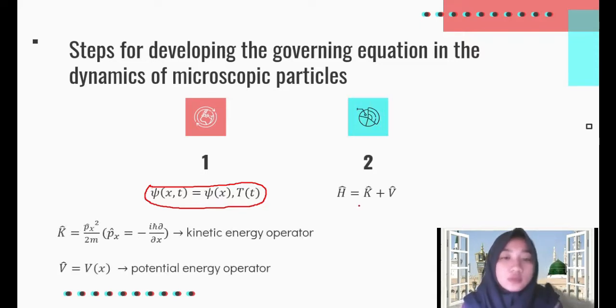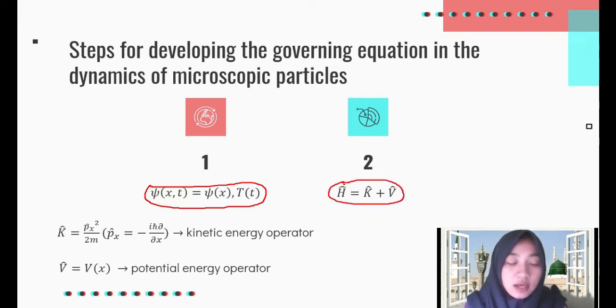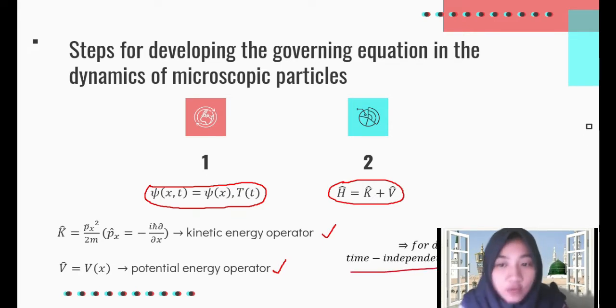Secondly, we write the Hamilton operator for total energy as H = K + V, where K is the kinetic energy operator and V is the potential energy operator, assumed to be independent of time t, and hence V is a function of space only.